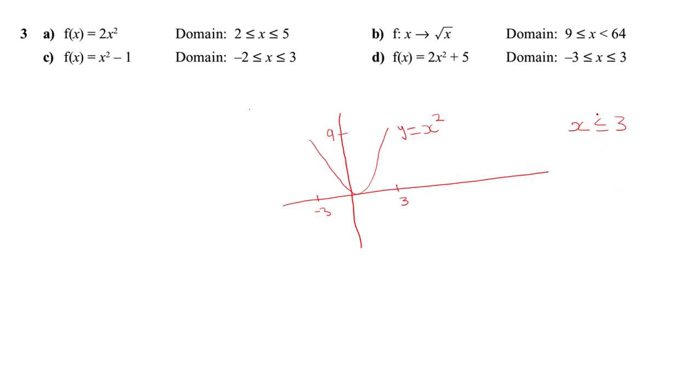What I'm ending up with is that the value of the range, f of x, is basically going to be 9. Now what about on this lower side? If I'm squaring negative 3, I'm going to end up with the same thing. So if x is bigger than or equal to negative 3, what I'm ending up with here is that f of x is again equal to 9.